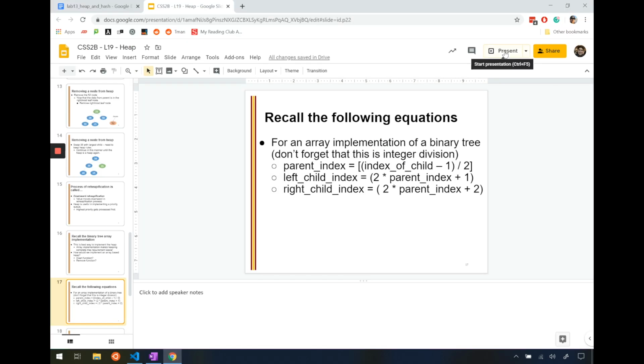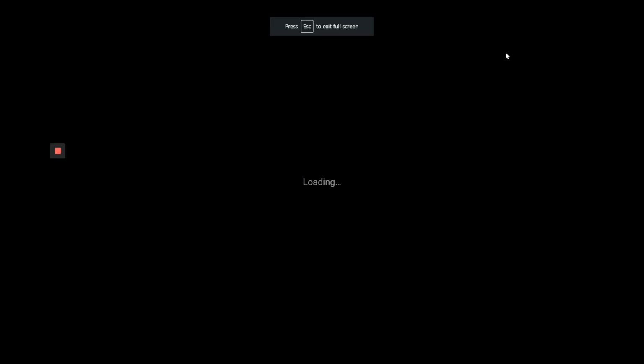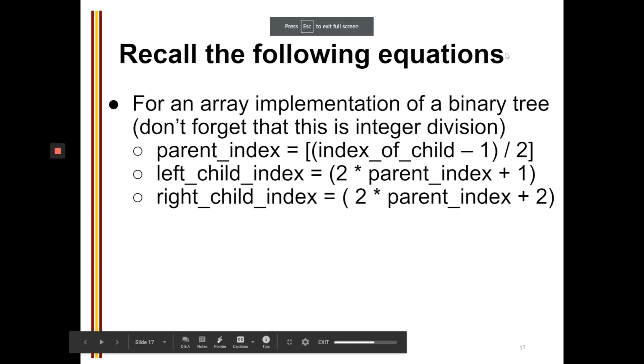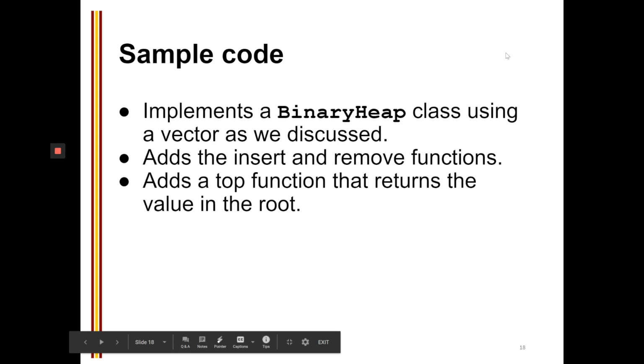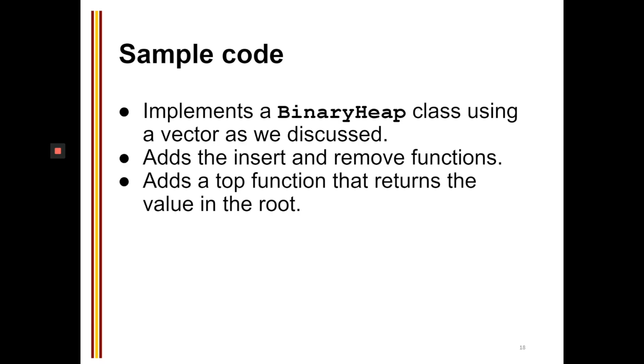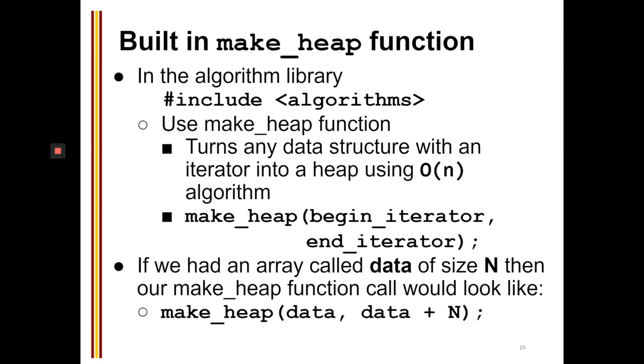You will have to work with a heap for the lab, but one kind of cool aspect is, and here's the sample code we just saw, there is a built-in make_heap function in the algorithm library of C++. So what you can do is it turns any data structure with an iterator into a heap using an O(n) algorithm.